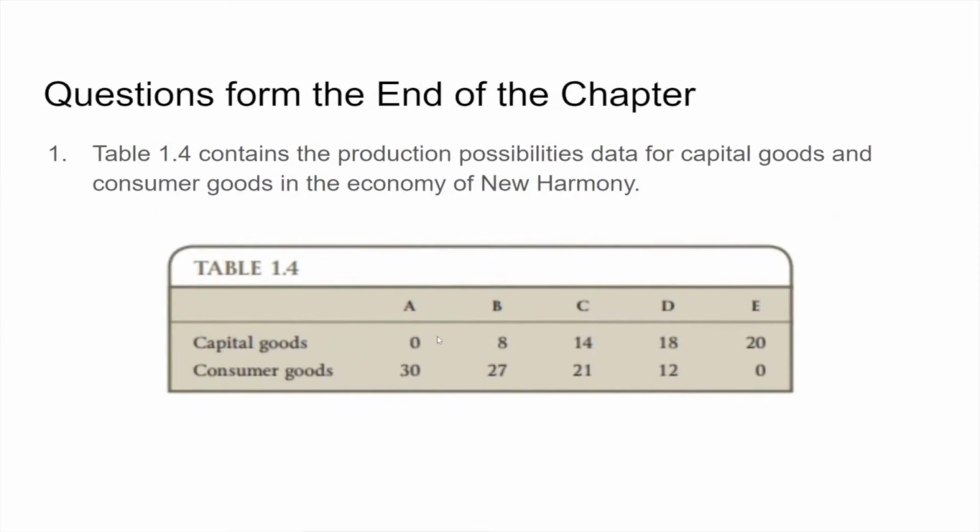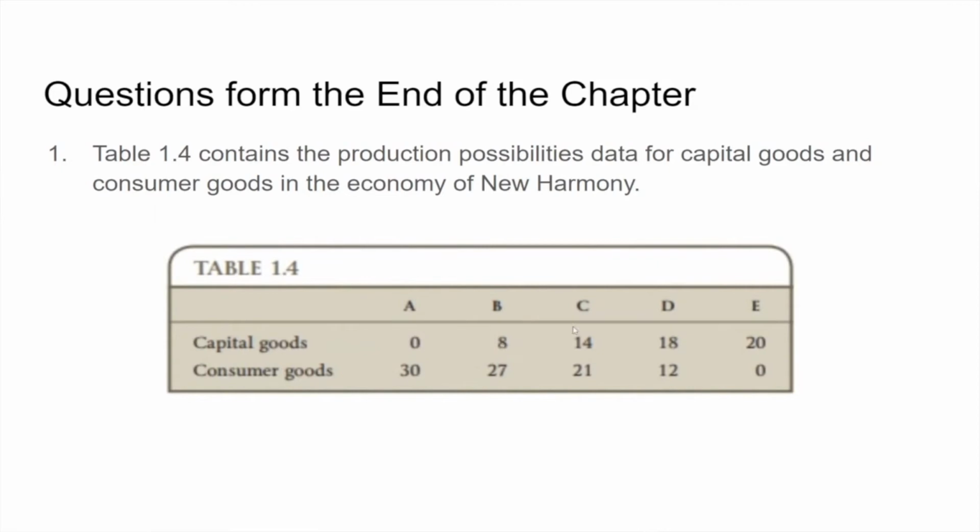And the output potential is increased by 50%. 0 plus a 50% increase is still 0. 8 plus a 50% increase is 8 plus 4, which is 12. 14 plus a 50% increase is 14 plus 7, 21. 18 plus a 50% increase is 18 plus 9, 27. 20 plus a 50% increase is 20 plus 10, which is 30.